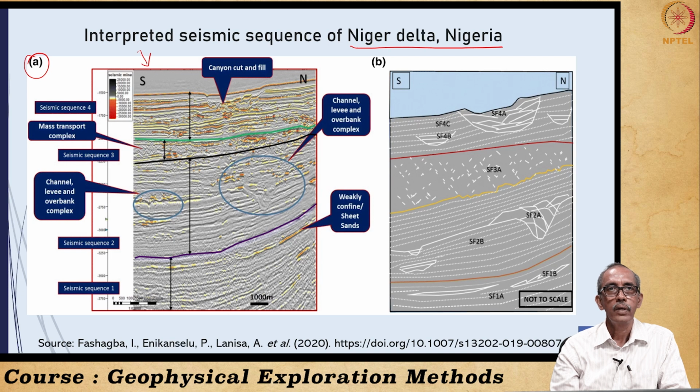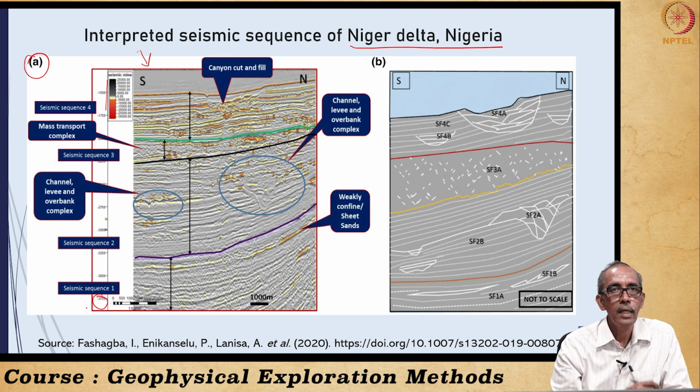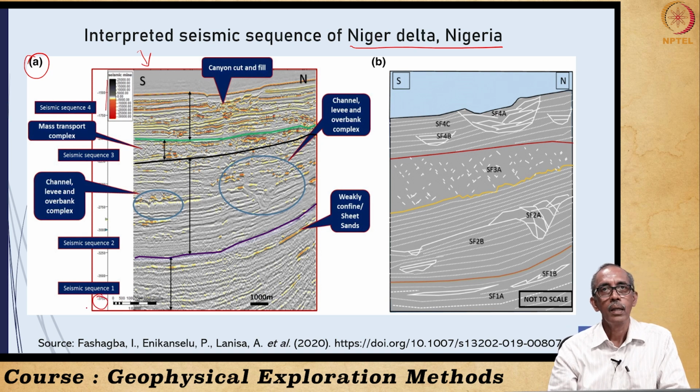That means we have created an image of the subsurface from the seismically reflected signals. The axis here is in meters. You can see we have investigated nearly up to 4 kilometers below the surface of the earth.